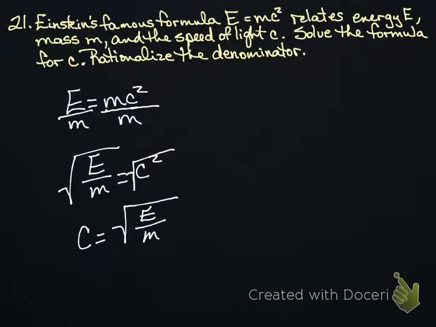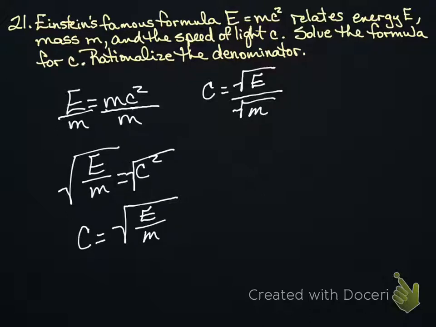First I'm going to split this out. C is equal to the square root of E divided by the square root of m. Now, I need to get m to a square to be able to get rid of my radical, right?